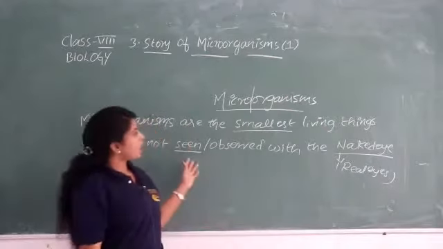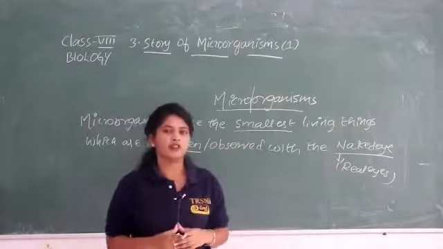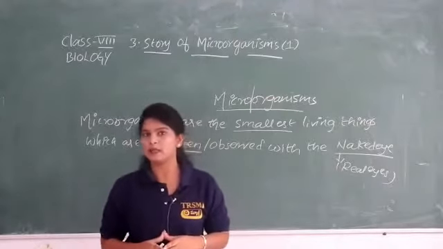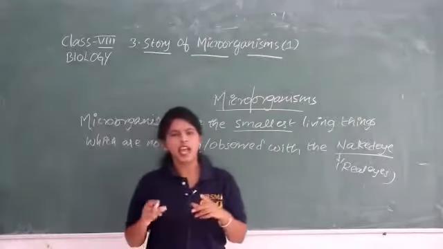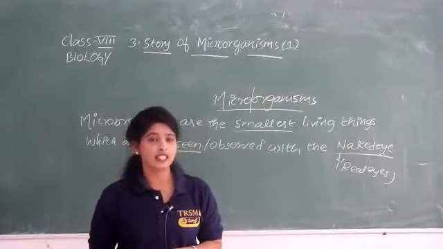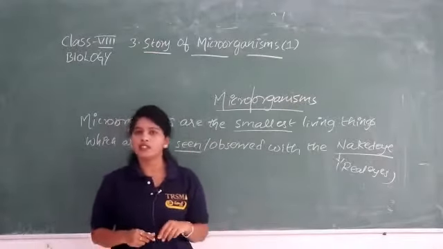Then, who are the scientists who laid the foundation for the discovery of microorganisms? Anthony von Leeuwenhoek. In the cell lesson, we discussed that Anthony von Leeuwenhoek in the year 1657 laid the foundations for the discovery of the cell.